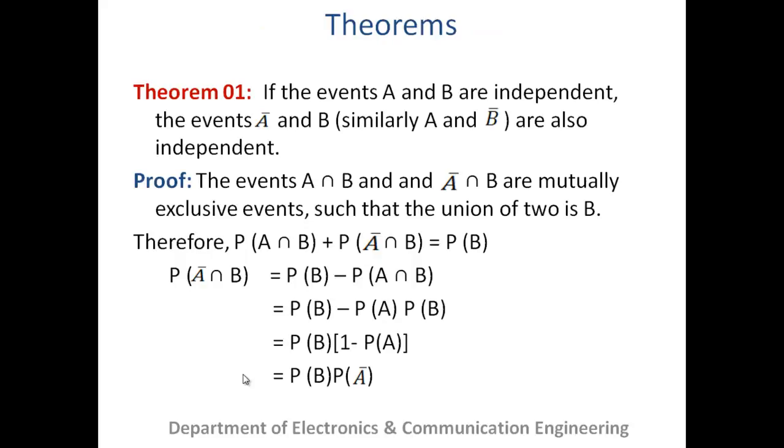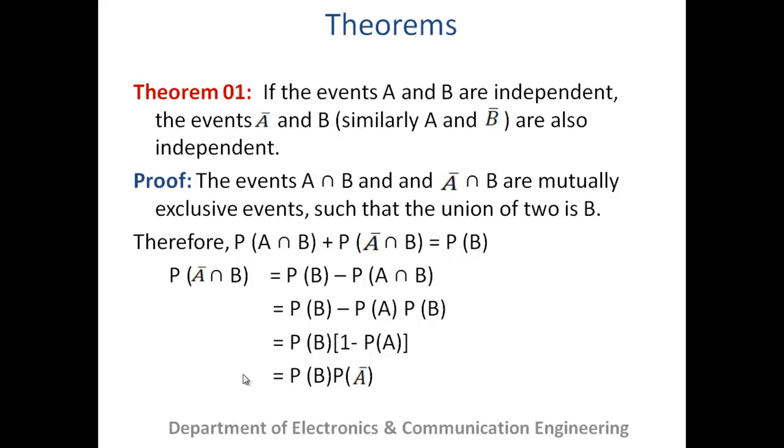Then we talk about the two theorems based on the independence of the events. We say that if the events A and B are independent, then the events A complement and B, or we can say A and B complement, are also independent. The proof is that the events A intersection B, which yields the common values of the two events A and B, and A complement intersection B are mutually exclusive.